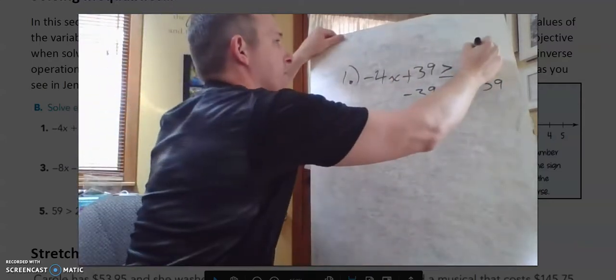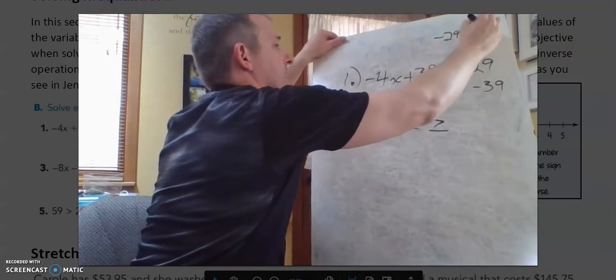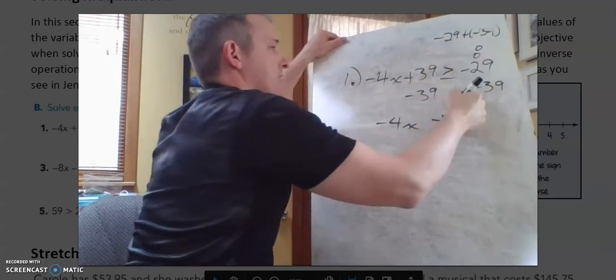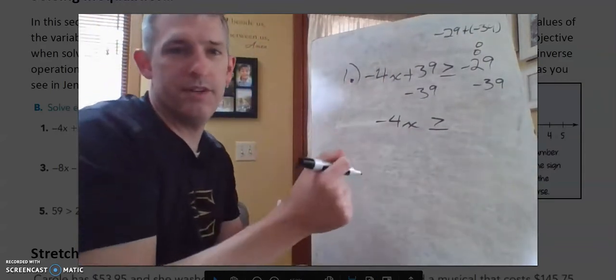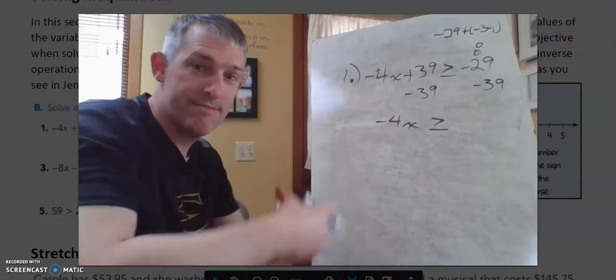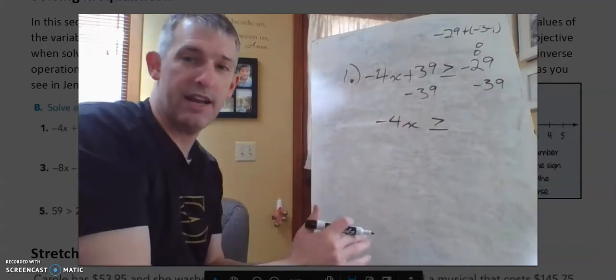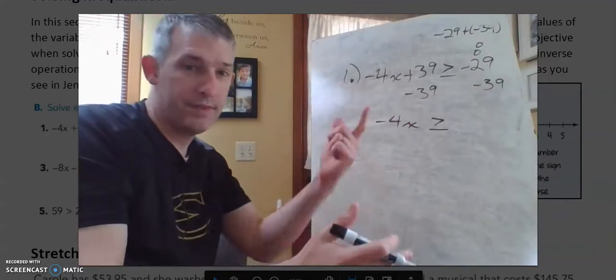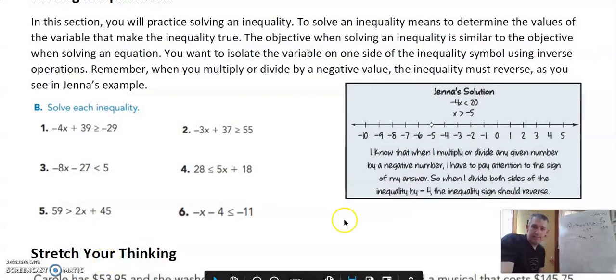So I'm going to think in my mind, -29 plus -39. We change subtraction to addition by adding the opposite. And when I have two negative numbers added together, they become more negative. So negative 29 plus negative 39 is like adding 29 and 39 together, but negative. If that's not working for you, go to a calculator. I'm fine with that.